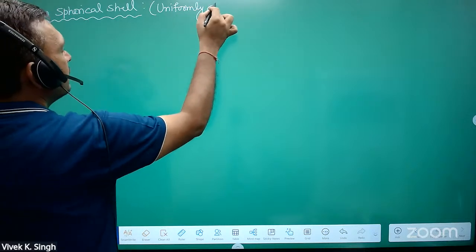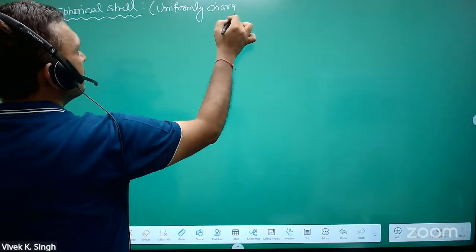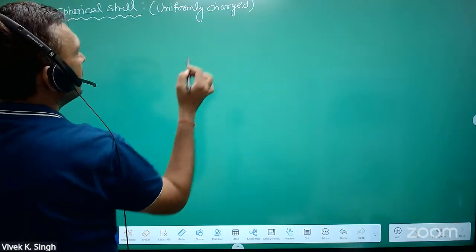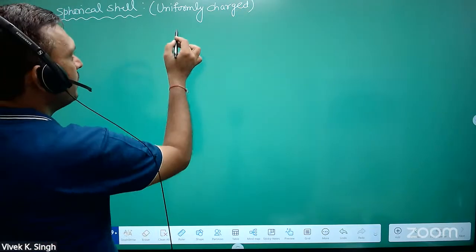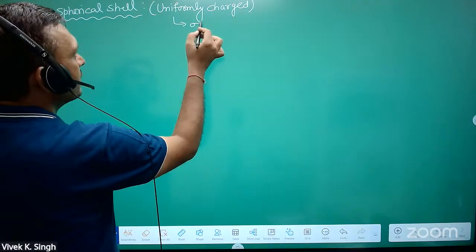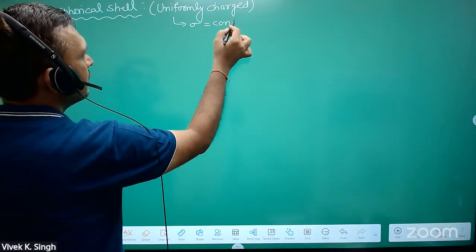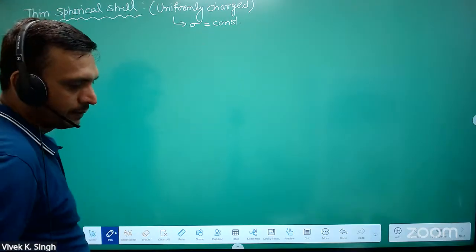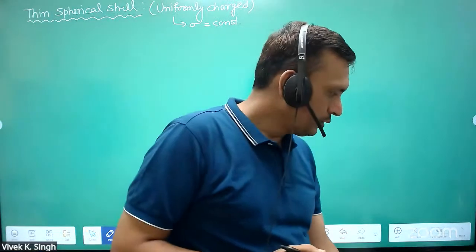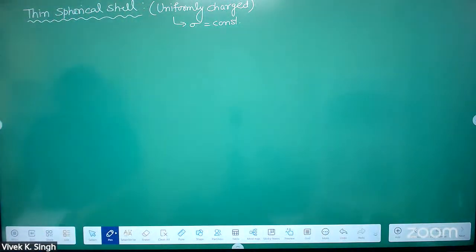Uniformly charged means sigma will be constant.